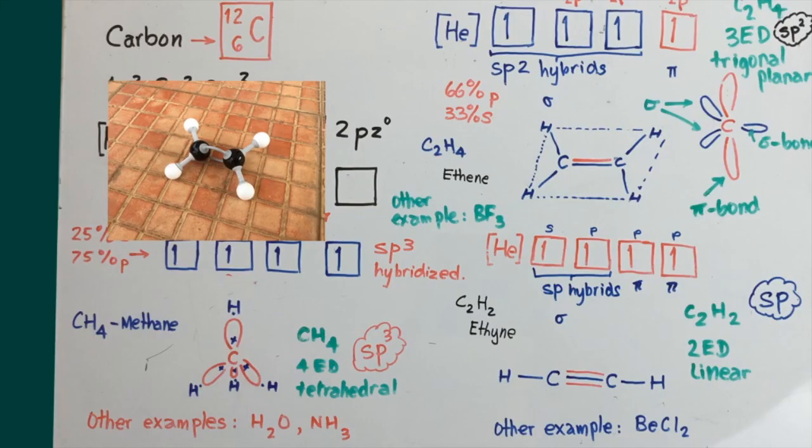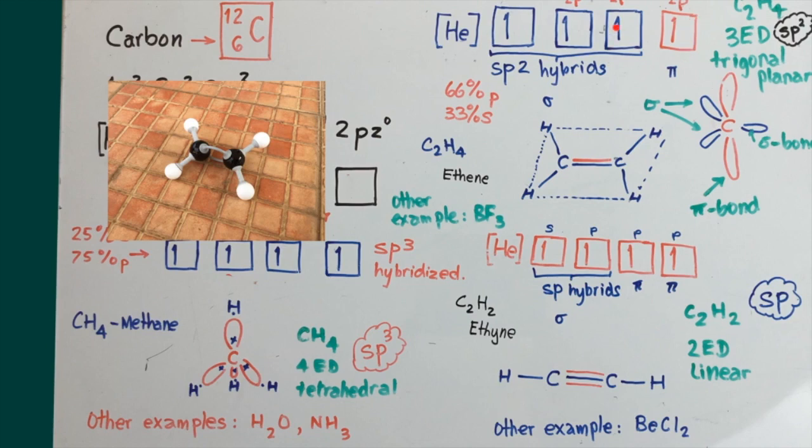In the case of ethene, the s joins with only 2 of the p orbital lobes, forming what is known as an sp2 set of hybrid orbitals, leaving this free p orbital to carry out its own bonding.